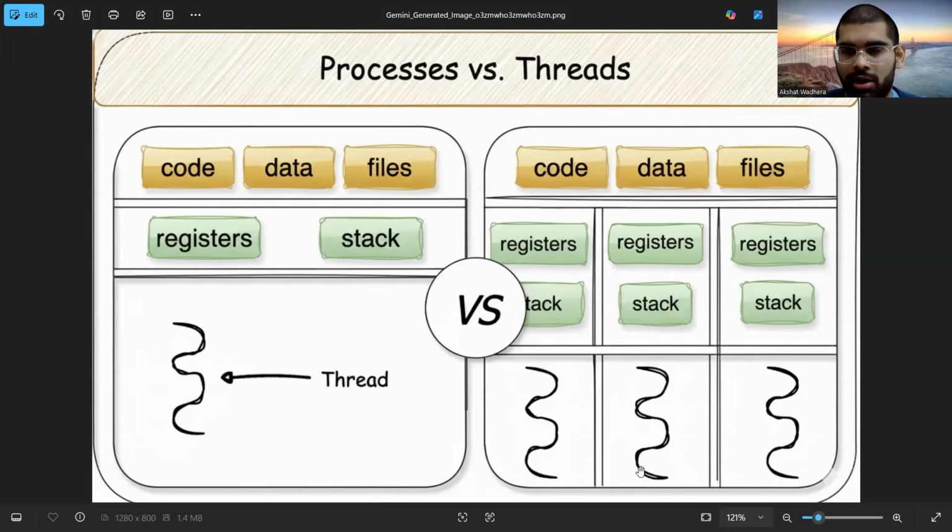But in the case of a thread, we are fully trying to utilize all the cores of a computer. So basically, a thread is the smallest unit of execution inside a process. What it helps is to speed up the process. For example, there are multiple tabs open in your Google Chrome.